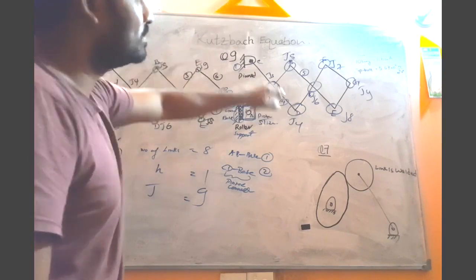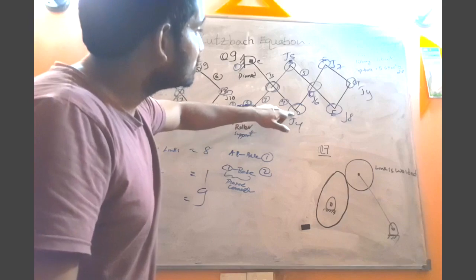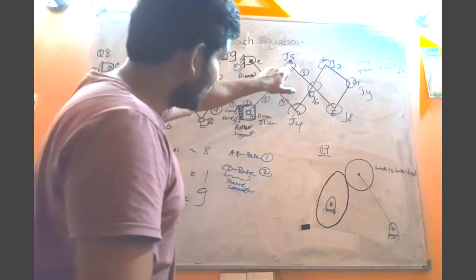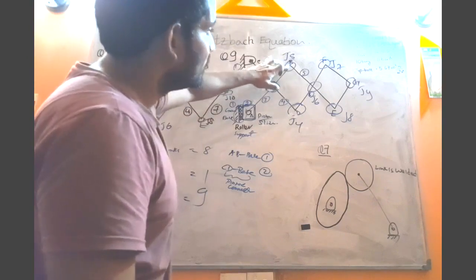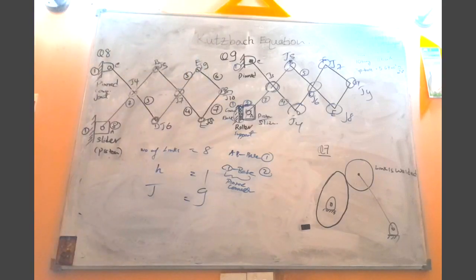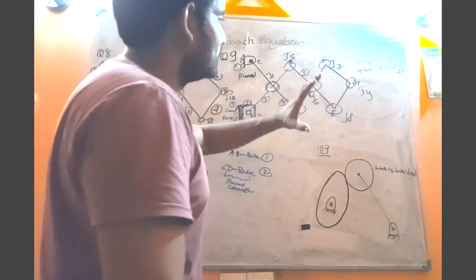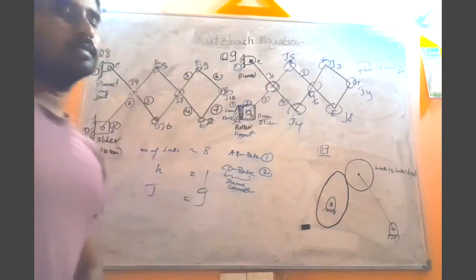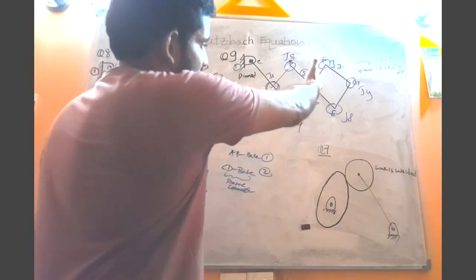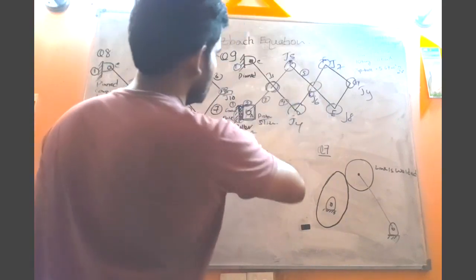Then joint number 4 is the joint that connects the link CD to the link DF. That is the 4th joint. The 5th joint is the joint that connects the link AB with the link BE. And again we have a cross joint, a joint that is placed at the intersection of the link DF and BE.